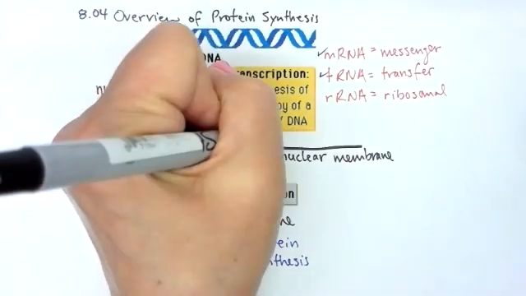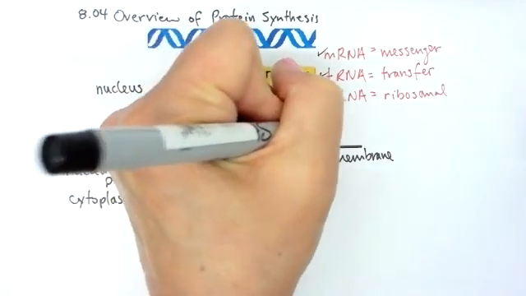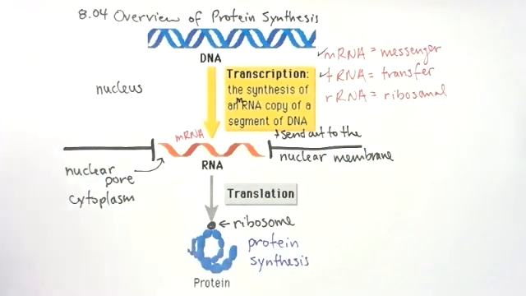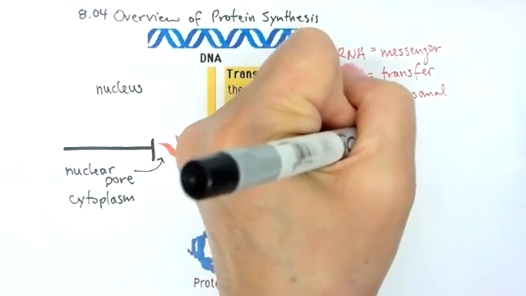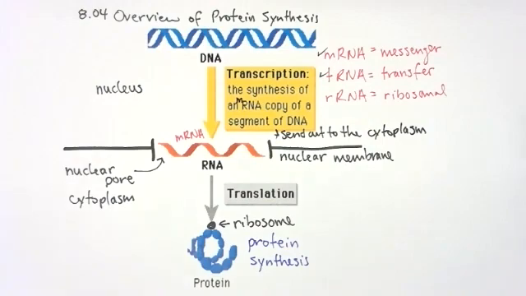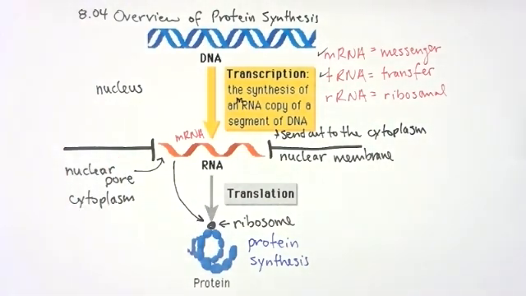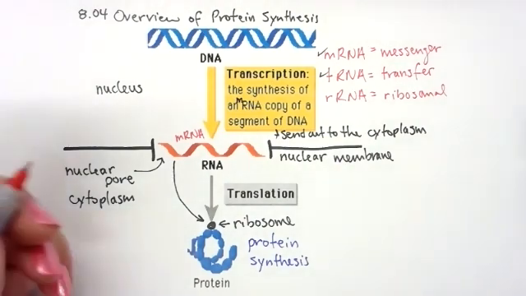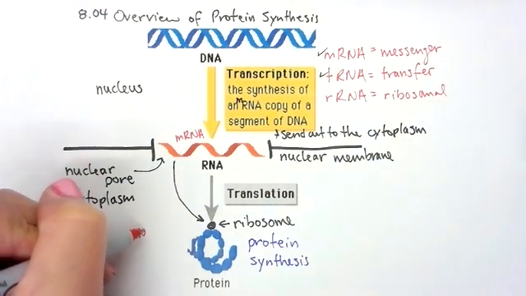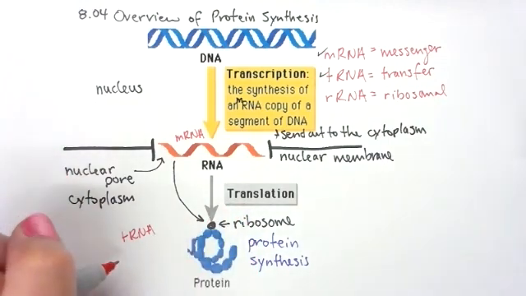So once the mRNA gets out here, it goes to a ribosome and it bonds to a ribosome. And then the tRNA, the transfer RNA, in a process called translation, helps to build the protein.